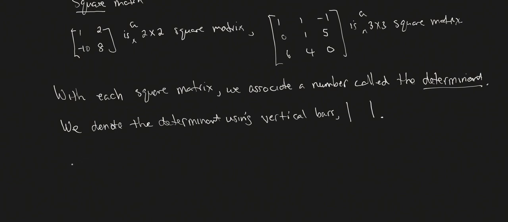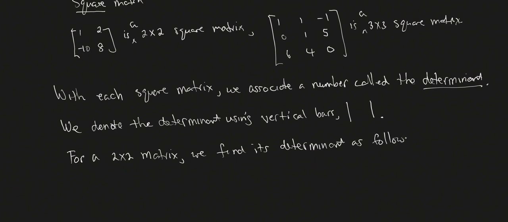So for a 2 by 2 matrix, we find its determinant as follows. I'm not going to give you just numbers. I'm going to write down a generic 2 by 2, with letters as placeholders.